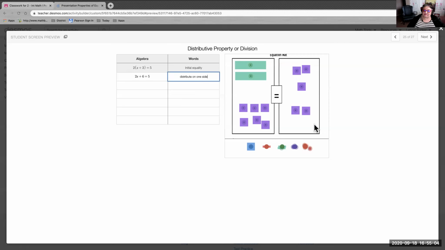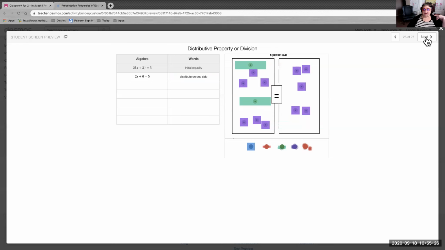And notice I didn't have to do that on both sides. Well, basically distribute is just moving stuff around. It doesn't change the values of what's in here. It's just moving stuff around. I didn't move it over here or anything like that. Okay? So that's just one thing.